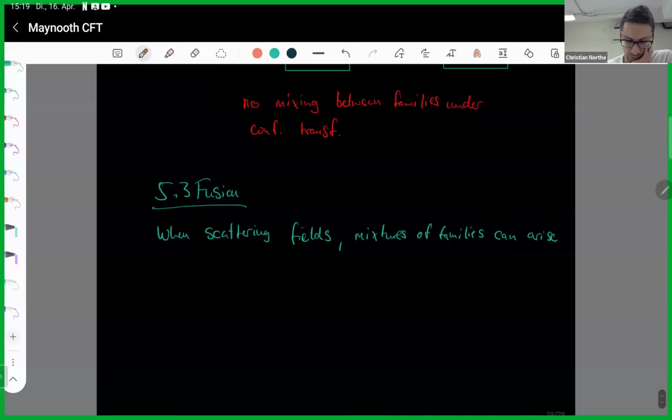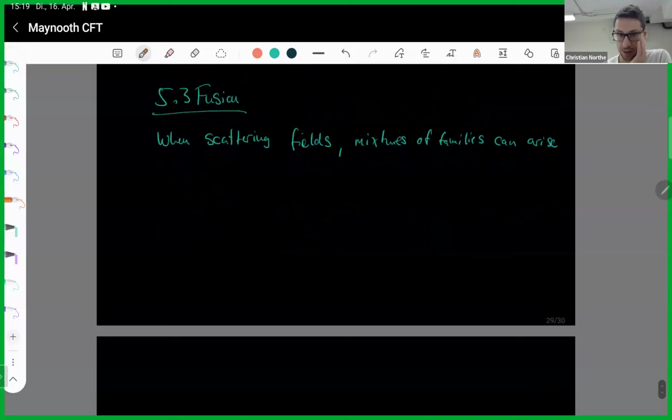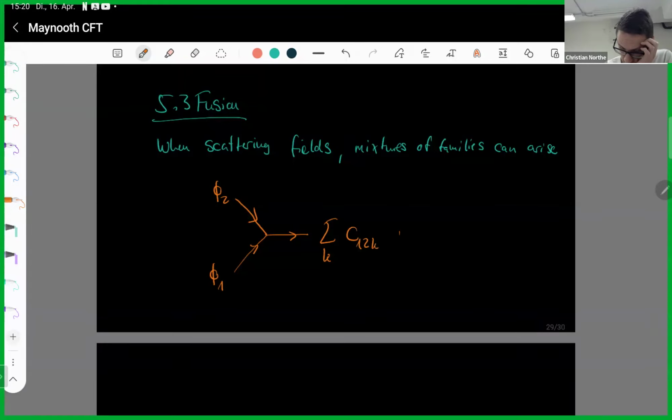So what do I mean by that? I said that under conformal transformations there is no mixing, but I can make some sort of scattering experiment where I take a family phi1 and a family phi2, and I get some new fields. Yesterday I told you that there is a notion called an operator product expansion, where I get a sum over a bunch of new fields phi k.